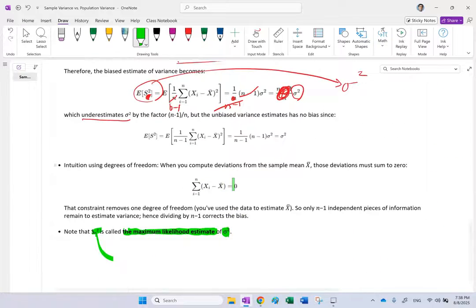So here, the intuition is like this. When you calculate the deviations of your data from the sample mean, so you calculate the sample variance, the sum of these deviations should be equal to 0, right? You see that the sum of the xi minus x bar, if you sum it up over all data, should be equal to 0. Pay attention, there is no power 2 here.